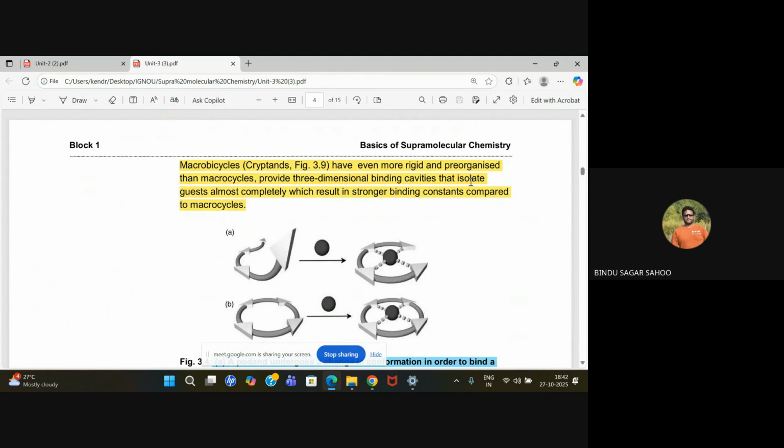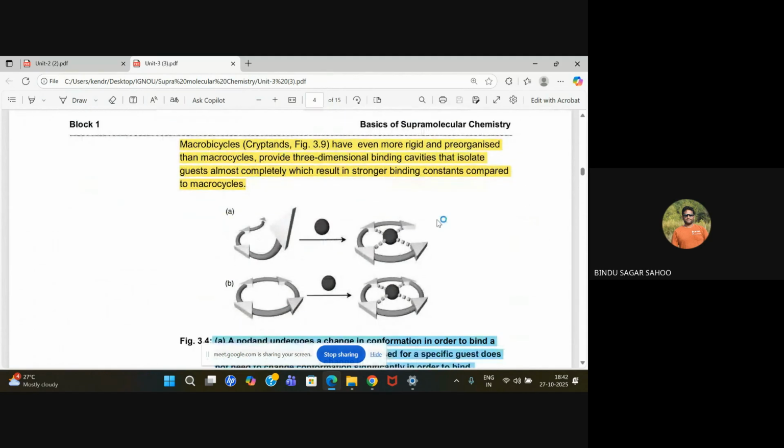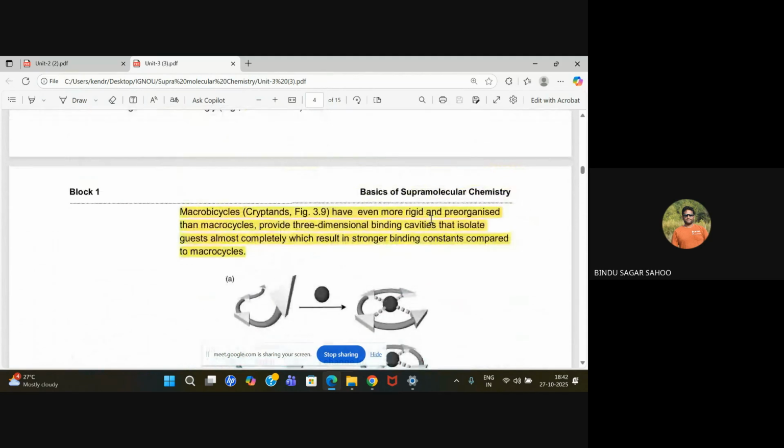So when it is a three-dimensional interaction, definitely it will be stronger compared to two-dimensional interactions. So if you consider cryptand, crown ether, and podand, whose rigidity will be more? Definitely the cryptand complex rigidity will be more, then crown ether, then podands.